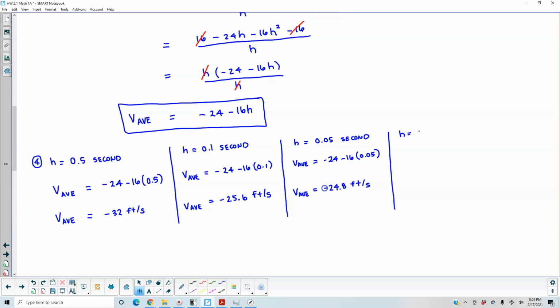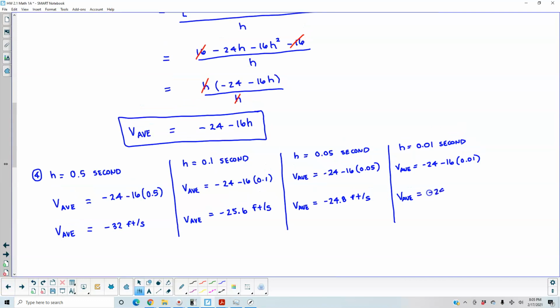And when h is equal to 0.01 second, the average velocity is negative 24 minus 16 times 0.01, so the average velocity there is negative 24.16 feet per second.